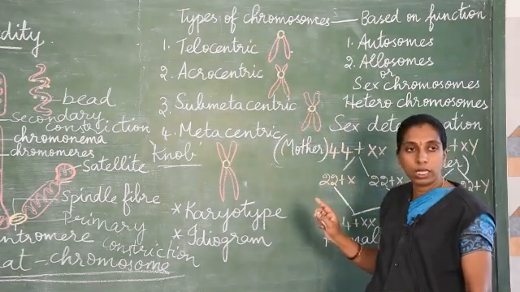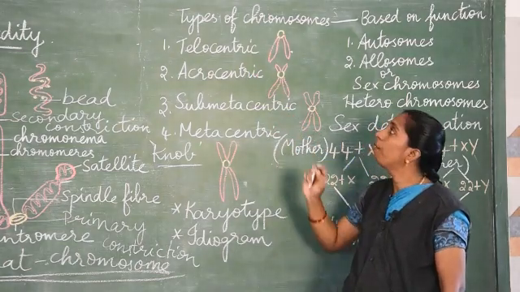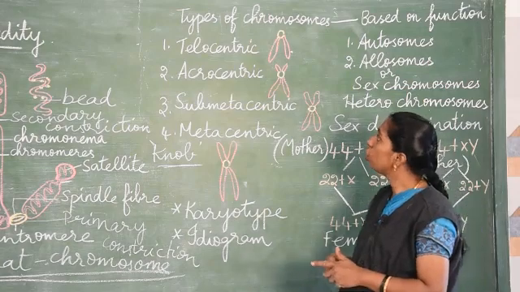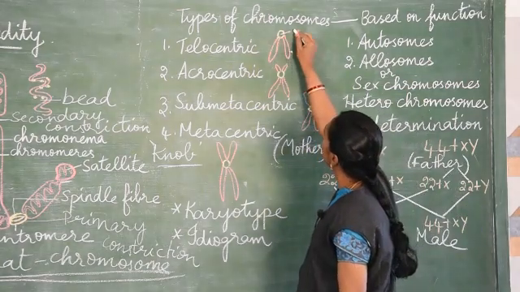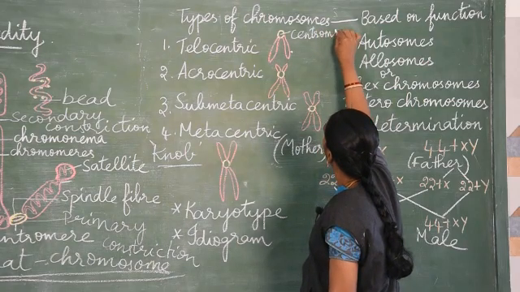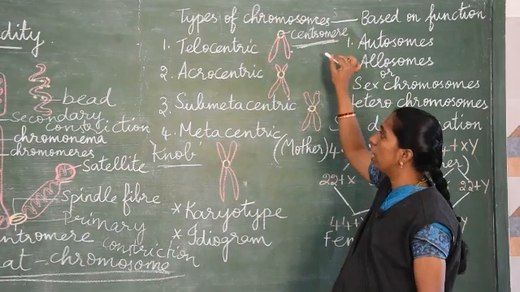There are 4 types of chromosomes based on the position of the centromere. This yellow portion is the centromere.